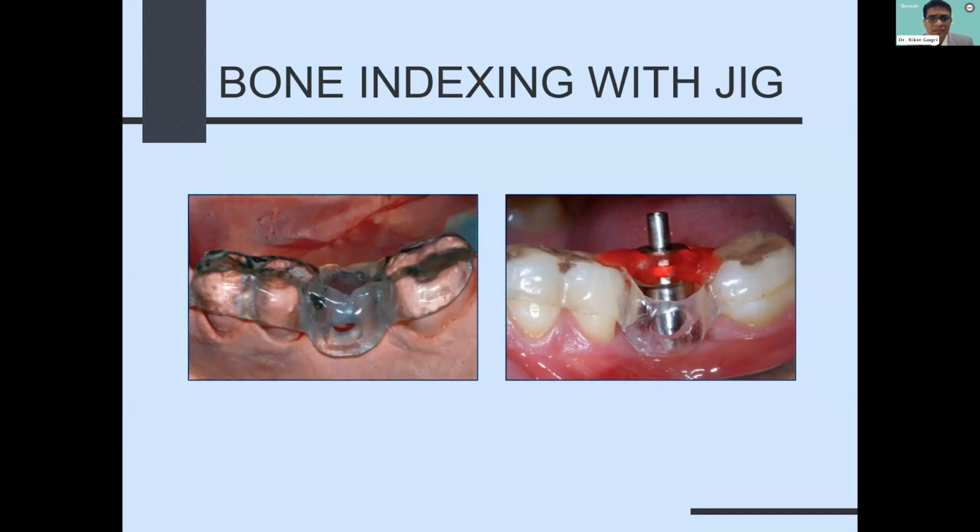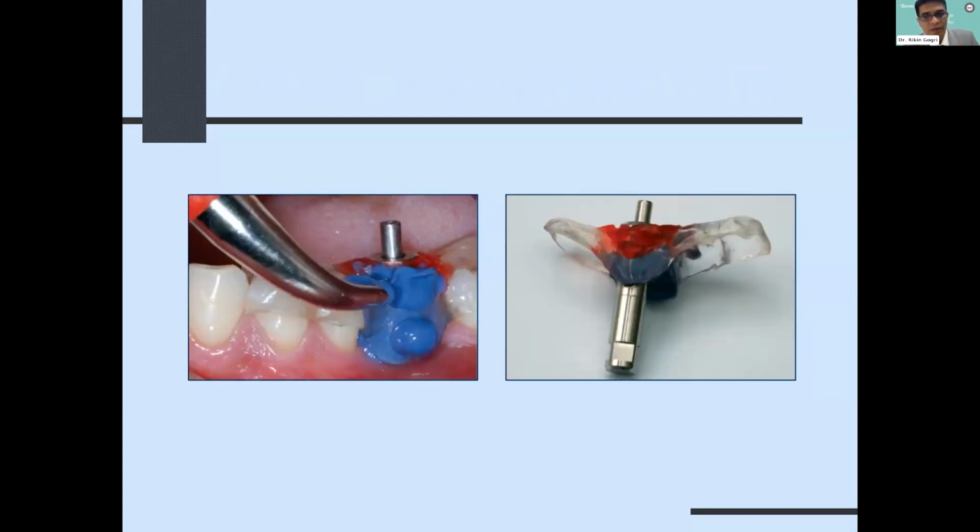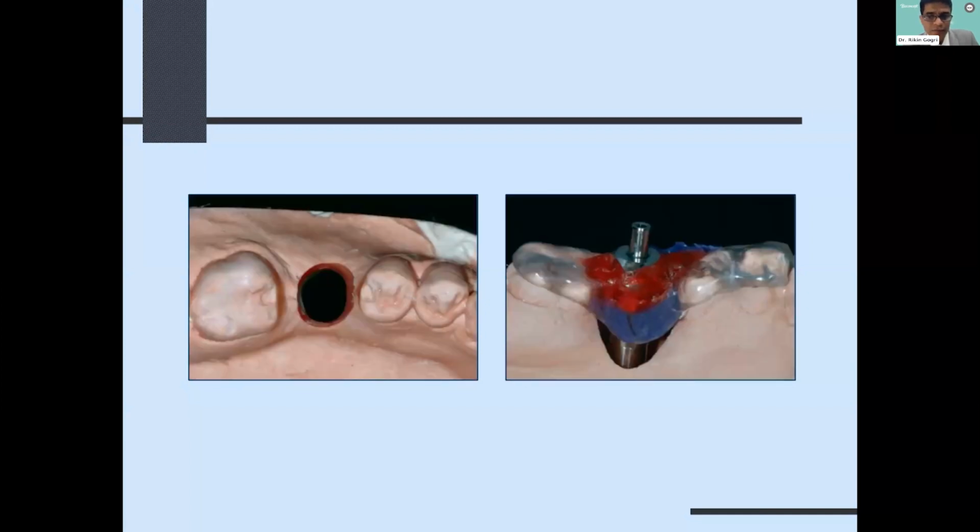So you have made this kind of surgical jig, and you place your abutment with the pattern resin over there. You make sure your jig is stabilized. You put your soft body around the space created between the jig and your impression coping, and you record the position of the implant.